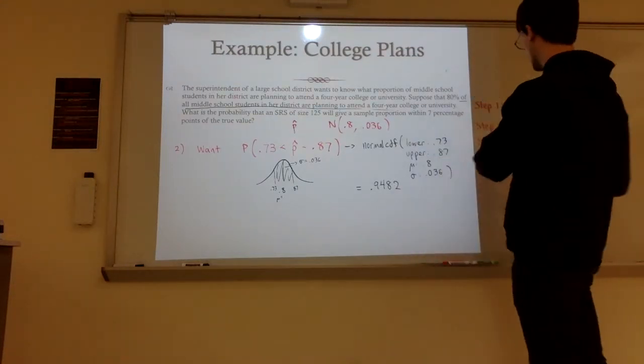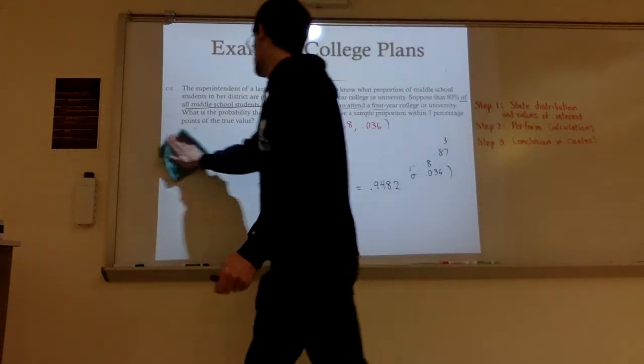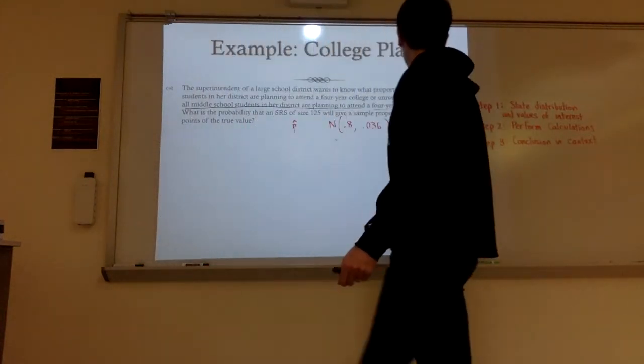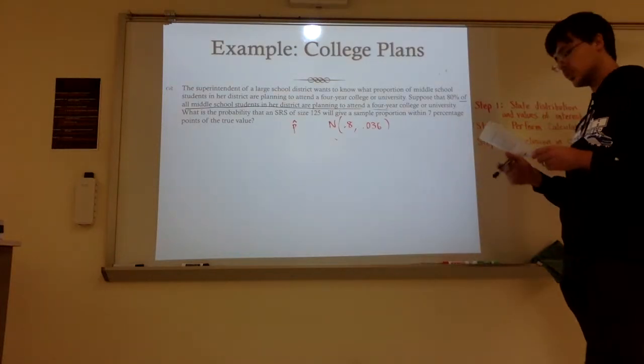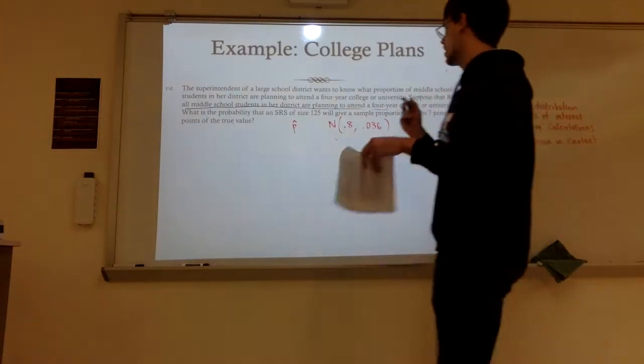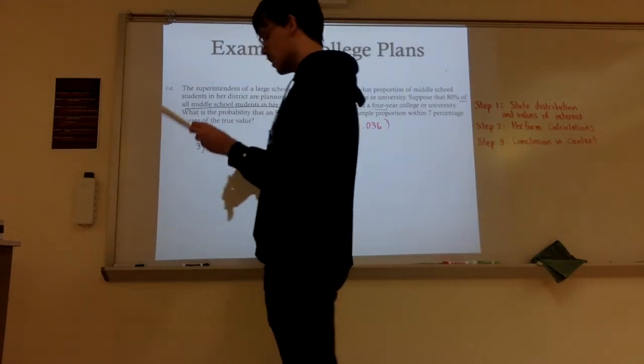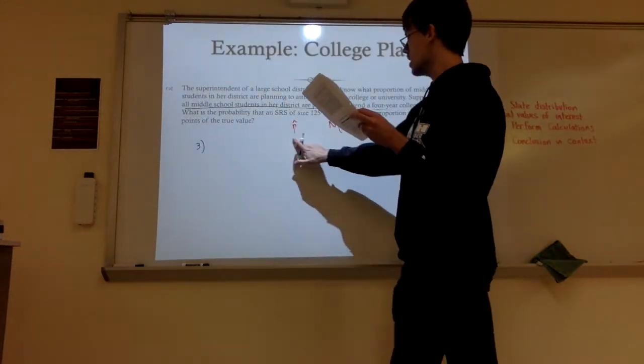So we just set up our work, that's step 2. Now that we have our answer right there, we have to actually state our conclusion in context. So for step 3, we just got 0.9482.